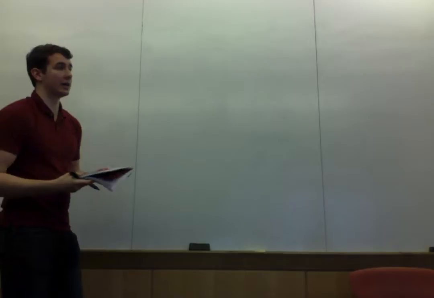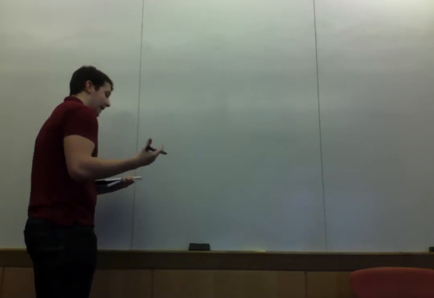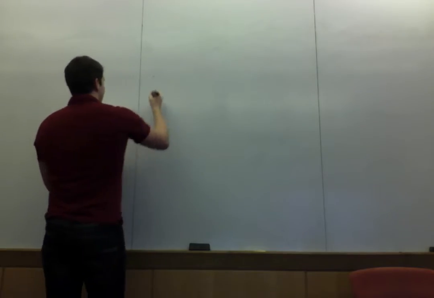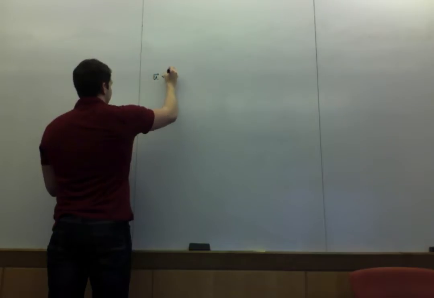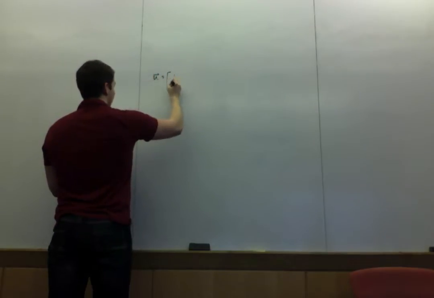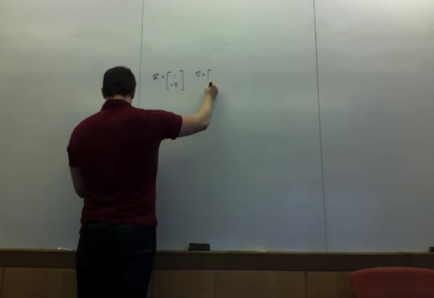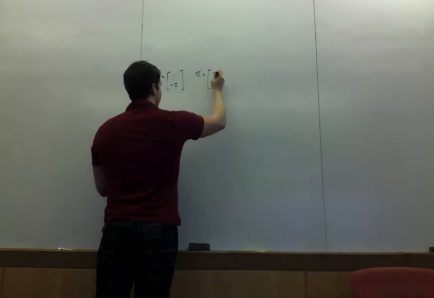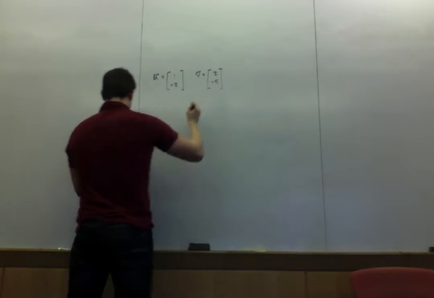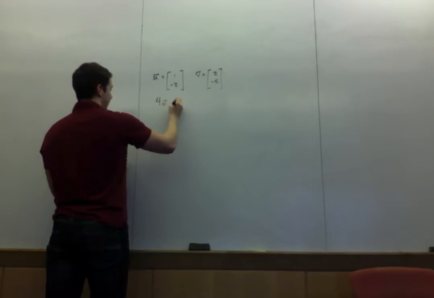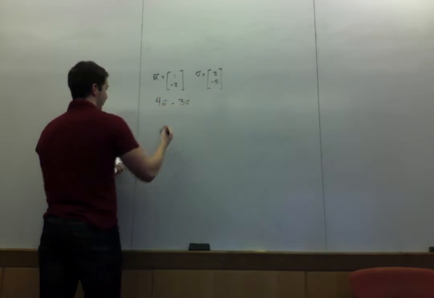Now, as I mentioned before, we can scale vectors by numbers. So we're going to do an example of combining vector scaling with vector addition. So now we're going to define our u vector to be 1, -2, our v vector to be 2, -5, and let's say we want to have the vector equation 4u minus 3v.